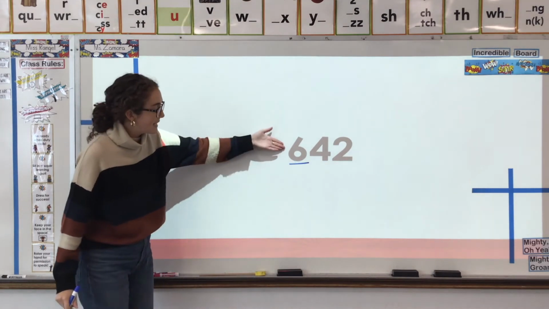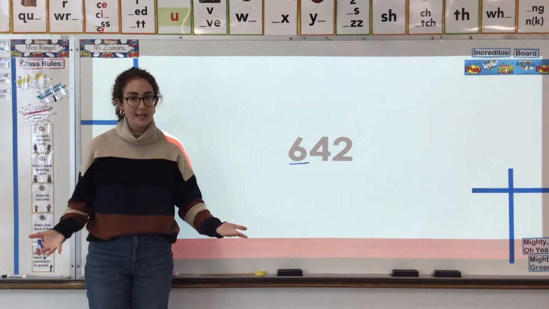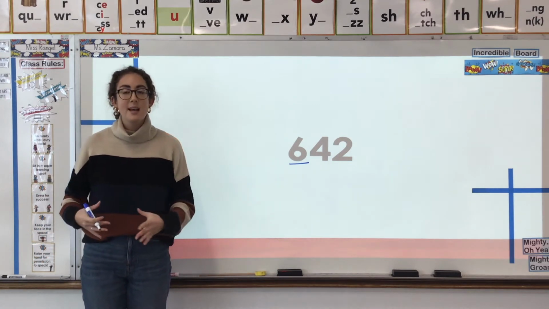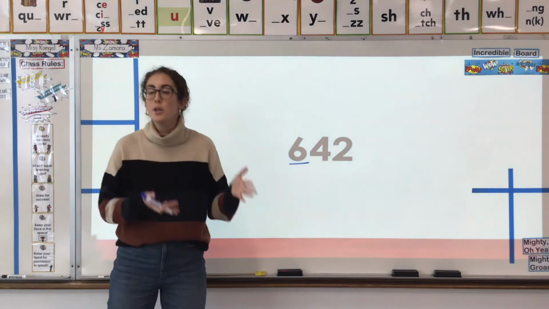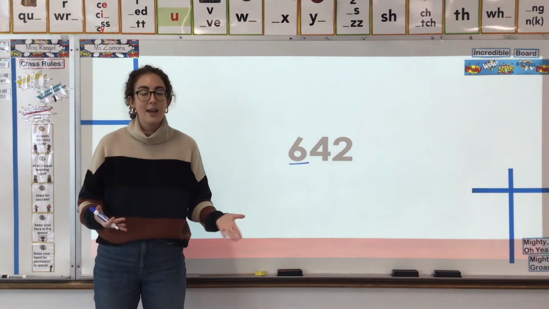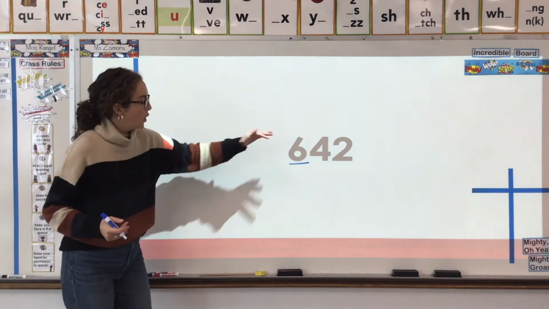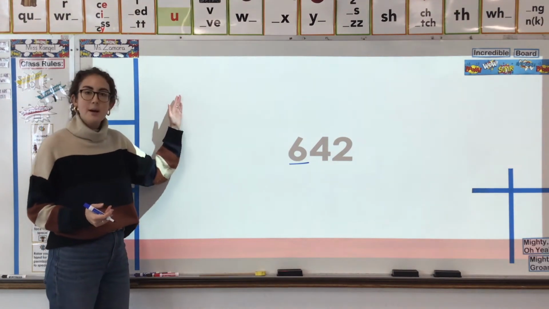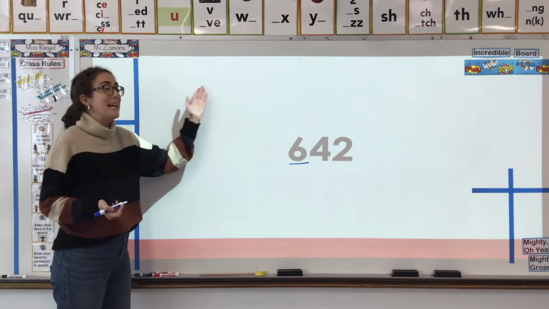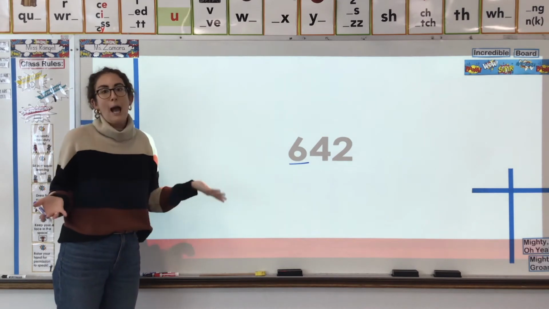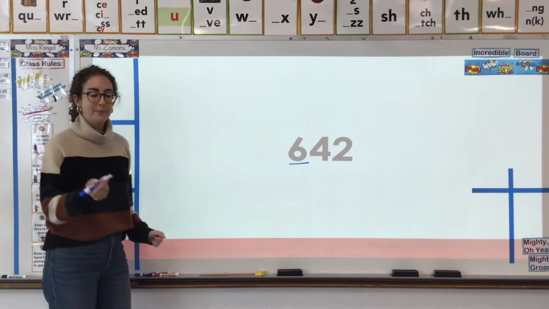If there's a 6 in the hundreds place, that's telling us there are 6 units of 100. There are 6 groups of 100. So when we're writing out this number in unit form, we're going to explicitly write how many units of 100 are there.